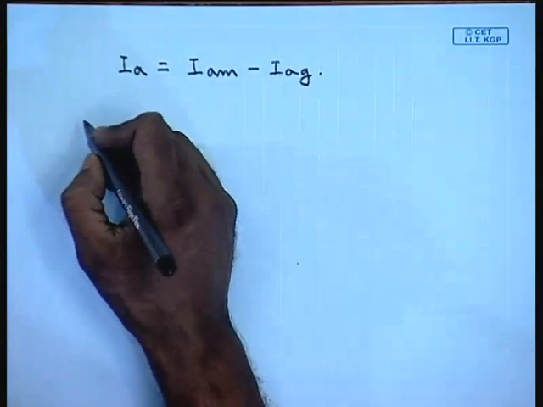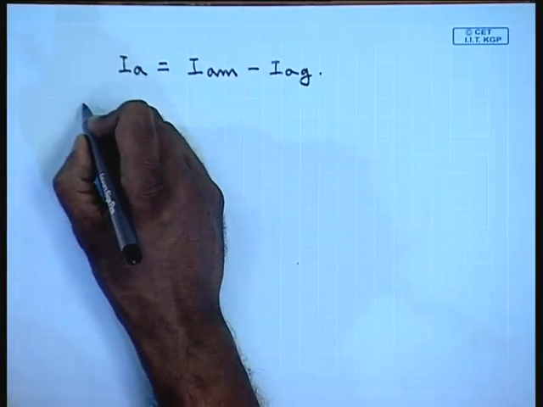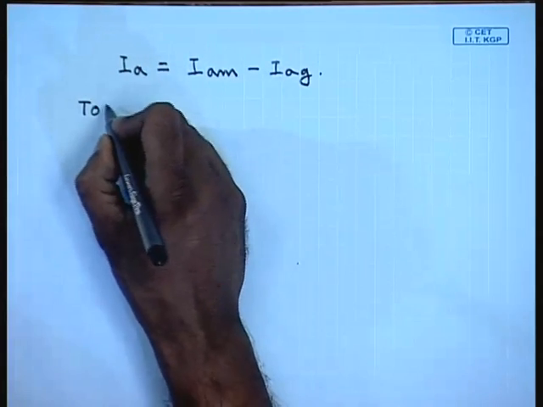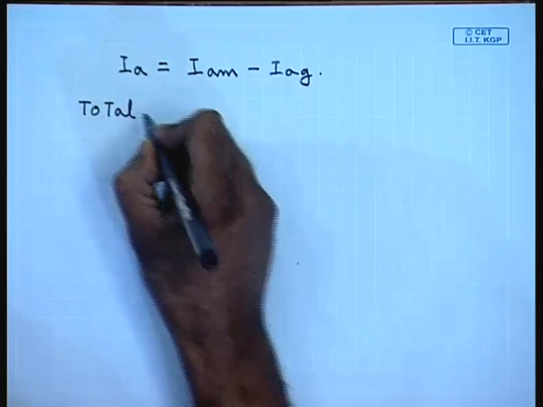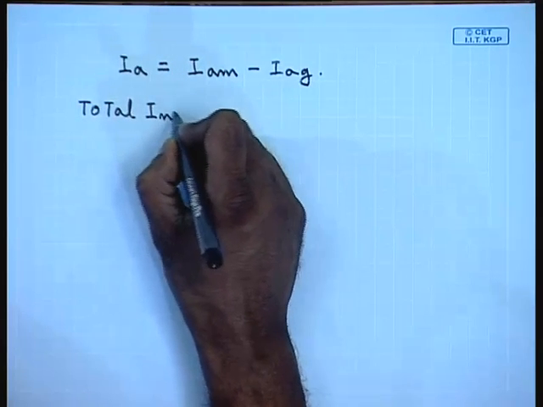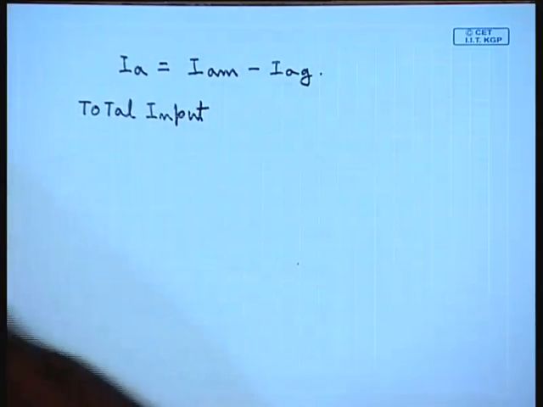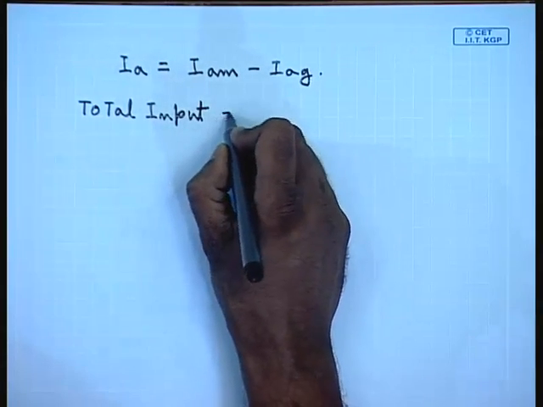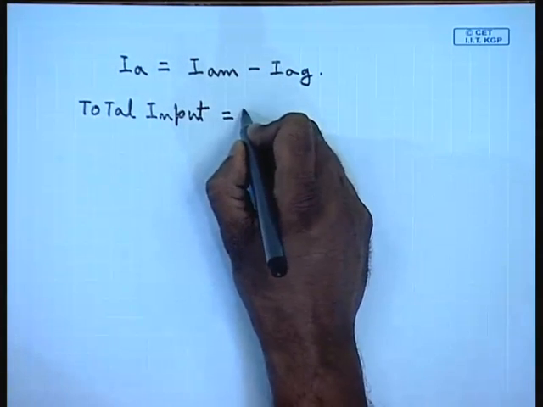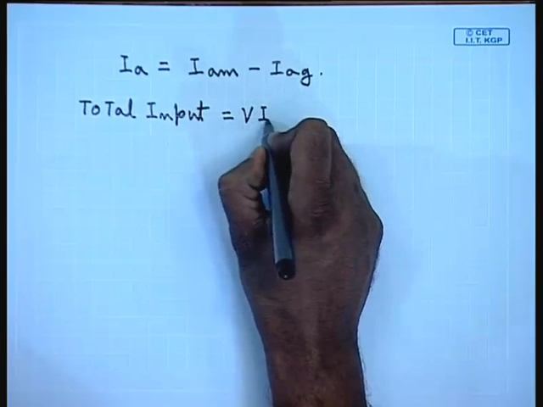So, the total input to the machines equal to V IA.